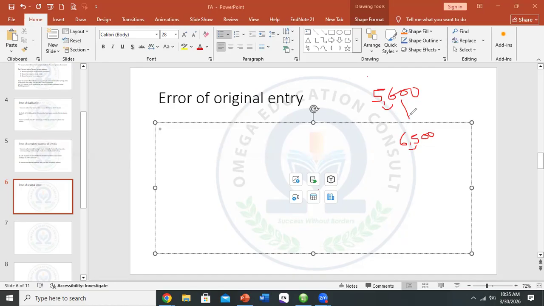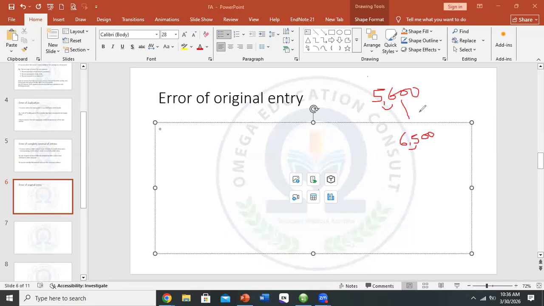Okay, so what is this error? What I've just given you is the basis for this error. It occurs when the accountant uses the wrong figure or uses a transposed figure in recording the business transaction.